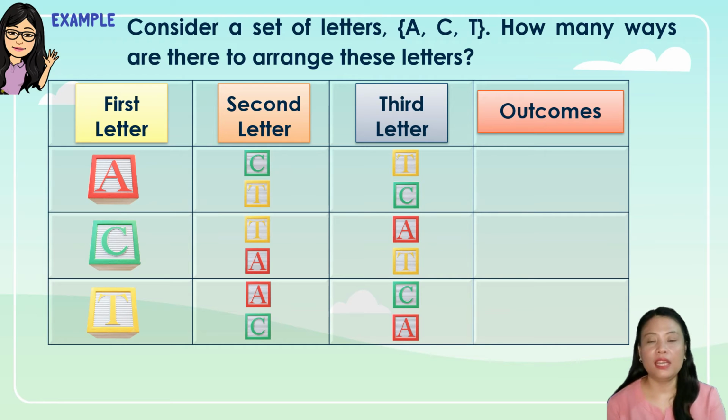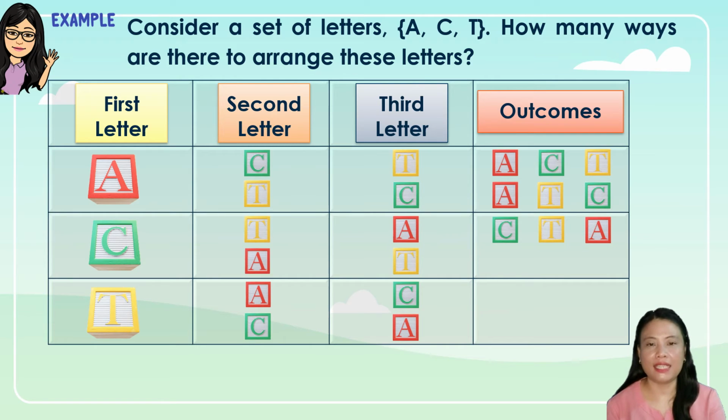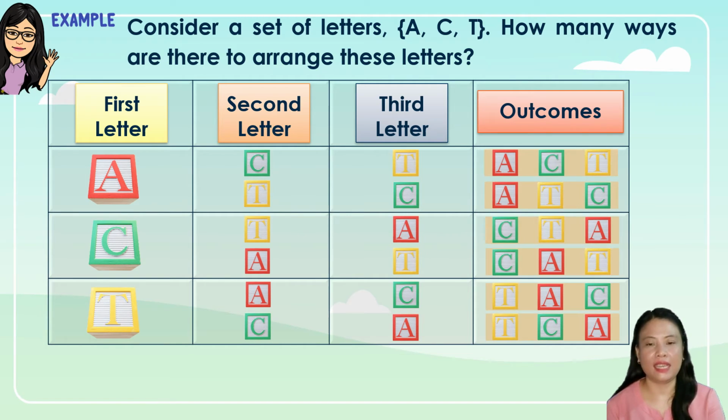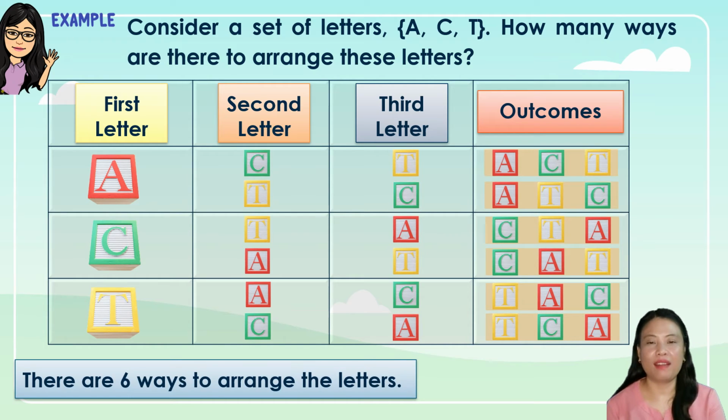Using the table, here are the possible outcomes: ACT, ATC, CTA, CAT, TAC, and TCA. Based on the table, there are 6 ways to arrange the letters.